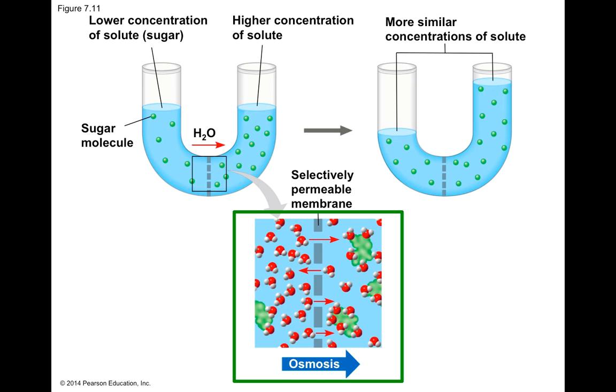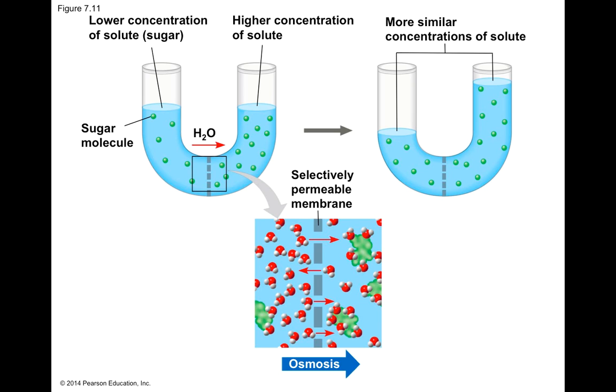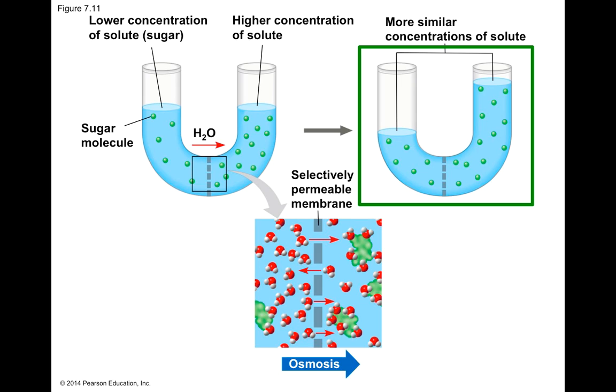You can see that on the left, where there is less of the green solute, there are more free water molecules than on the right. I always think about it as the less stuff, the more water, and vice versa. Anyway, if we allow this apparatus to sit, what will eventually happen is that the free water molecules will start moving randomly from the left side to the right, from where they're in a higher concentration to where they are in a lower concentration.